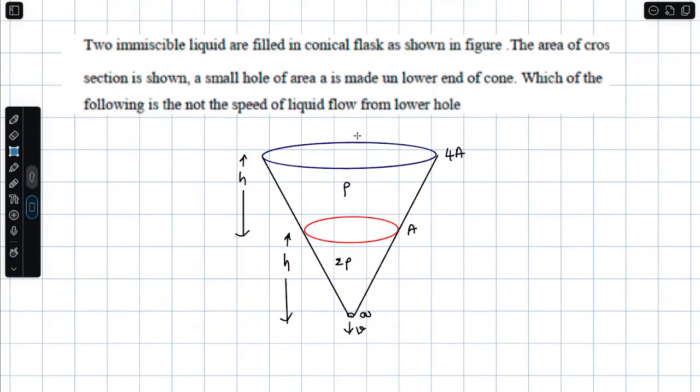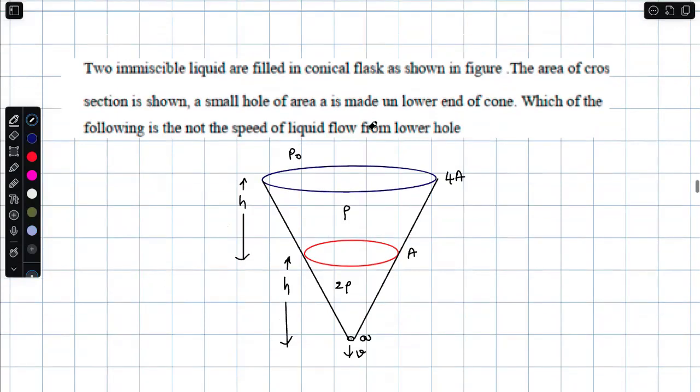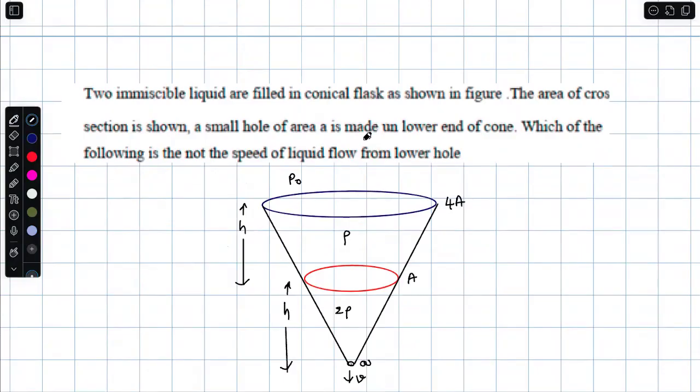See, equation of continuity you need to apply here. But remember, this is at atmospheric pressure, open to atmosphere. And one more important, you said 4A and this is A. What is the flow at this point?